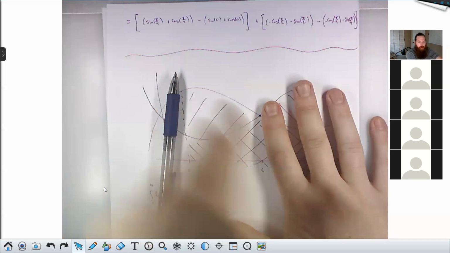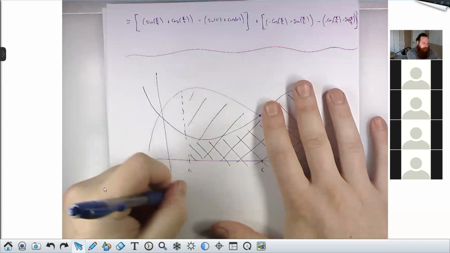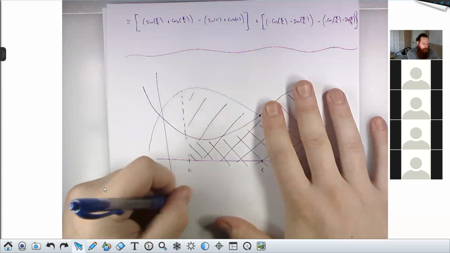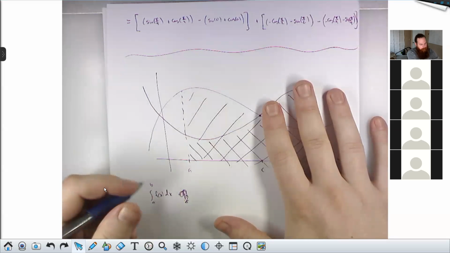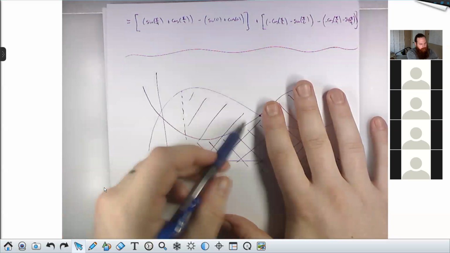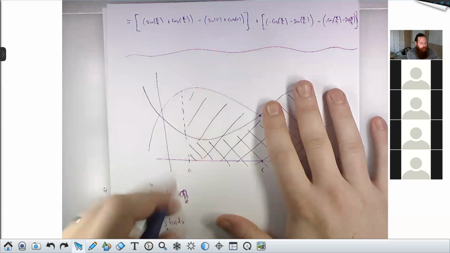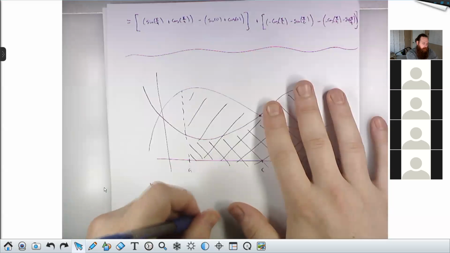And then if I subtract off the integral of g from a to c, so let's think just about this region here. If I'm only after the stuff that's in the middle, I should take the integral from a to c of f of x dx. That's all the stuff that's like this, and then subtract off the integral from a to c of g of x.